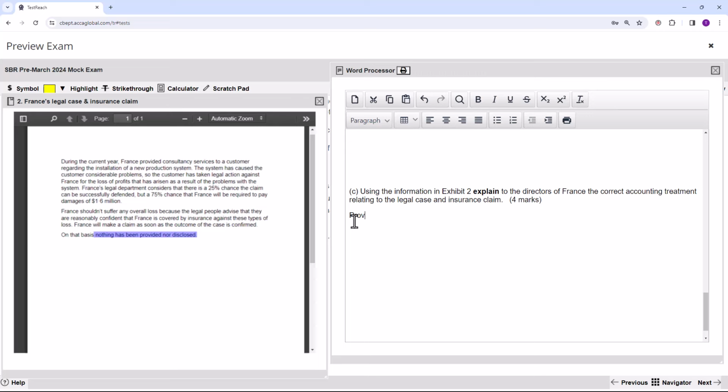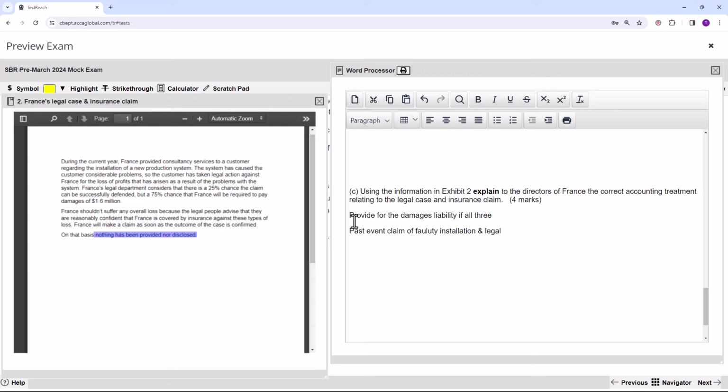So we provide for the damages, for the liability, if all three conditions are met at the reporting date. The past event that we've specifically got is the legal case against us. Is the claim of the faulty installation, the faulty advice, and the legal claim.